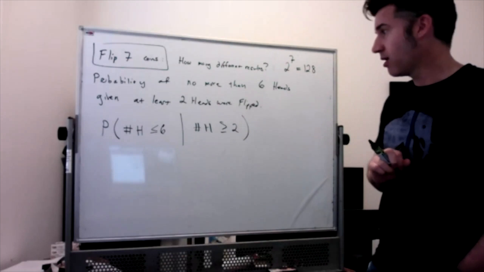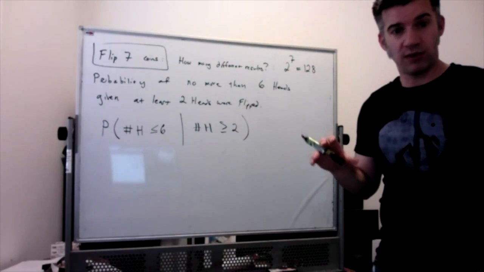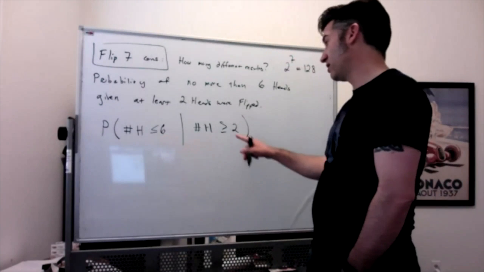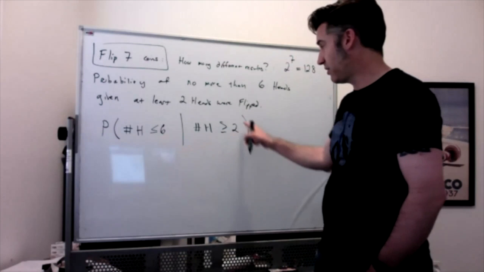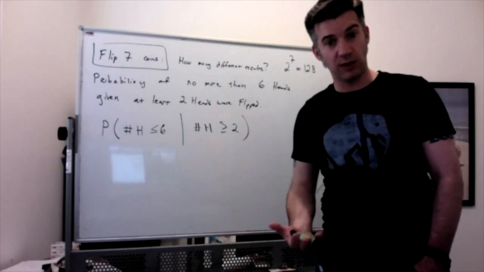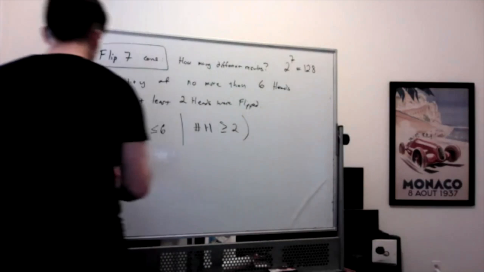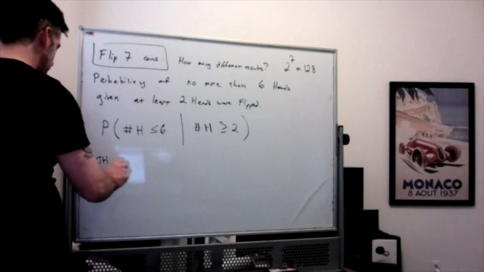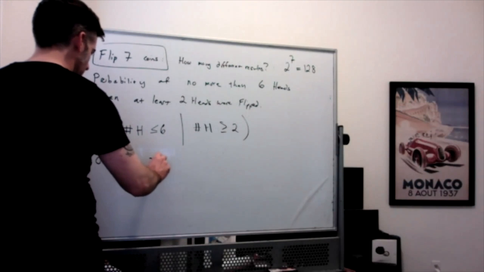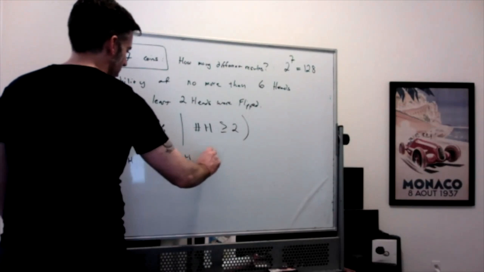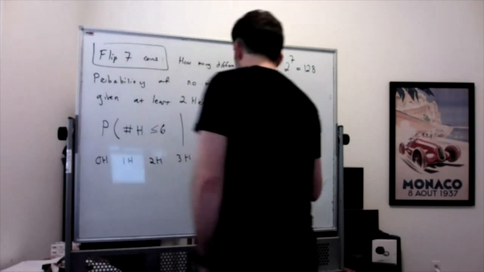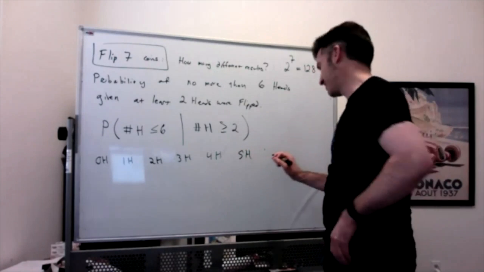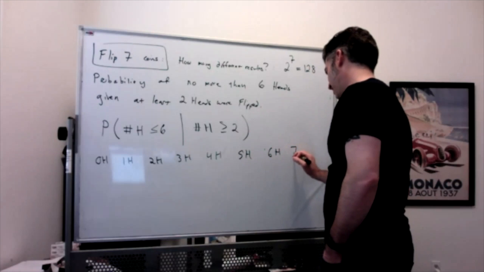Now I want to know what's the probability of getting less than or equal to 6 heads, given that there were at least 2 heads. So I need to think about what the reduced sample space is first. When you flip 7 coins, you can get 0 heads, 1 head, 2 heads, 3 heads, 4 heads, 5 heads, 6 heads or 7 heads.